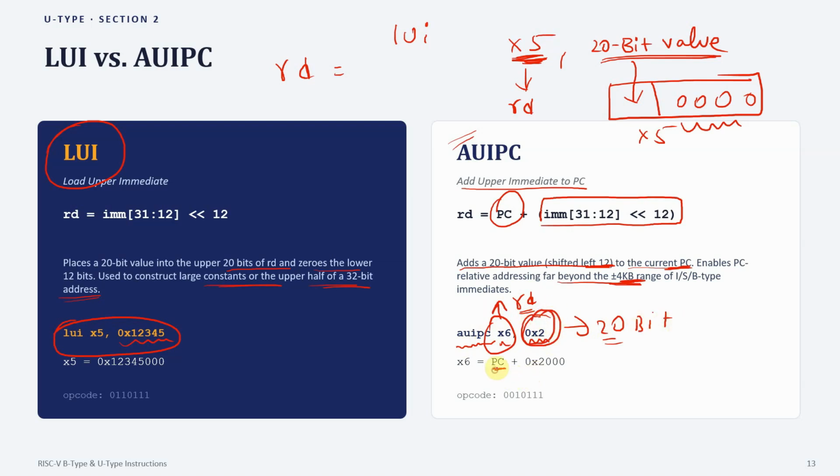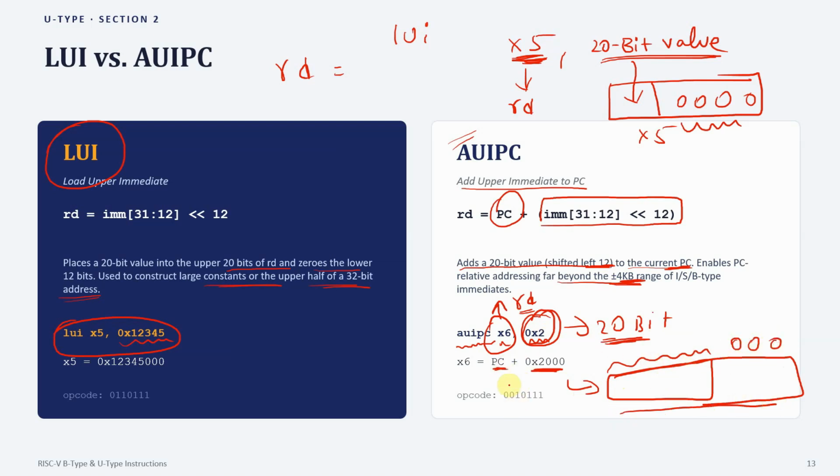This 20-bit value is left shifted into the upper bits, making it a 32-bit value where the remaining bits are zeros, and we add this entire content to the program counter. The resultant will be stored inside x6. This is how we perform AUIPC.